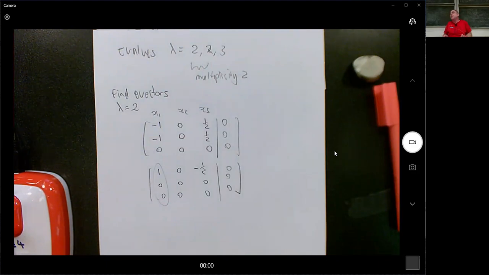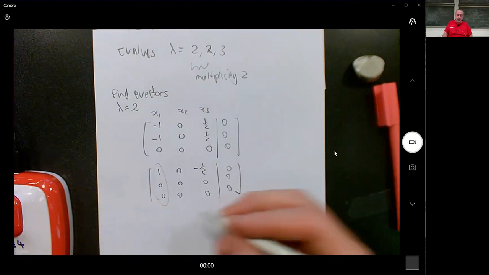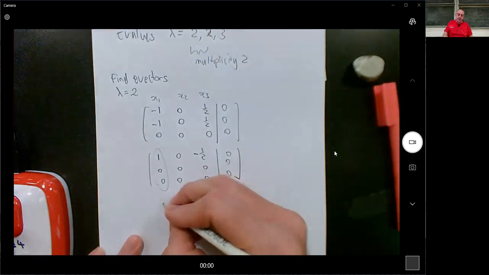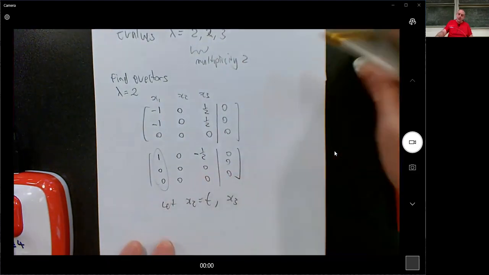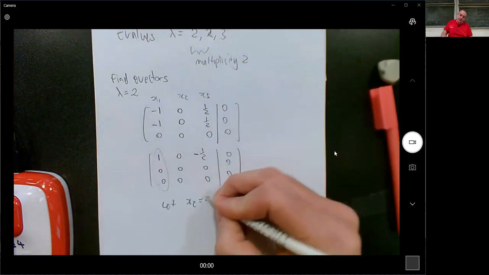It's free because it's not even there. And it's also free because it doesn't have a pivot in that column, because there's nothing in that column. So there's a pivot here, which means that x2 and x3 are free. Actually, it's probably better to go s and t, or I'm going to get them backwards.